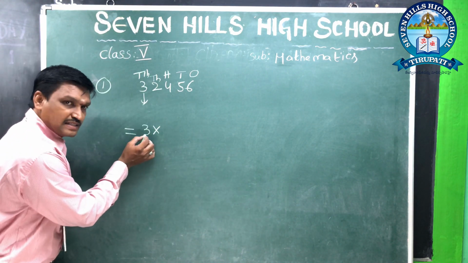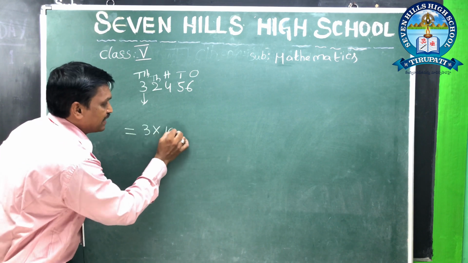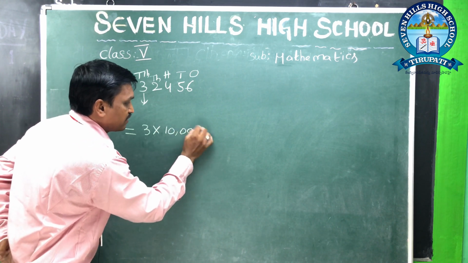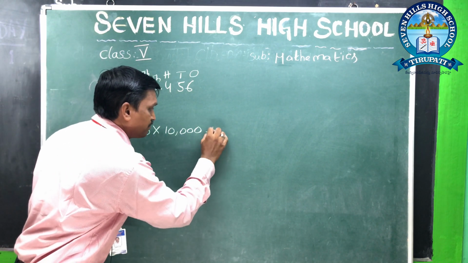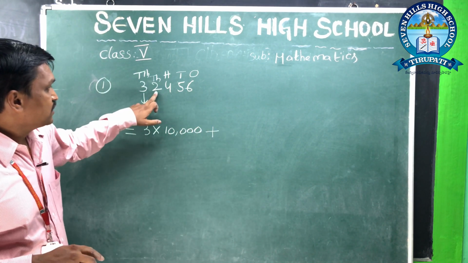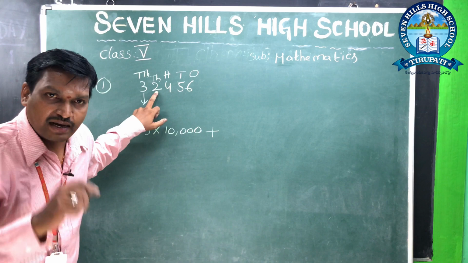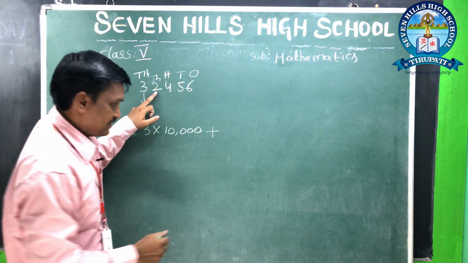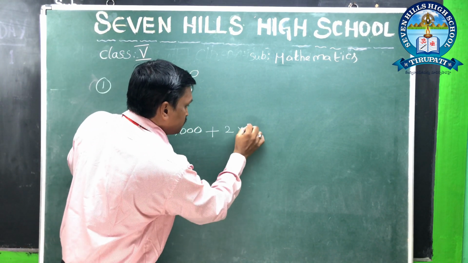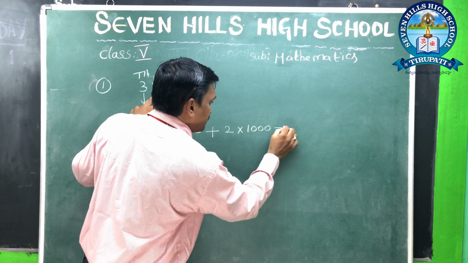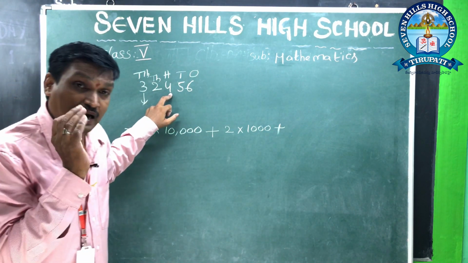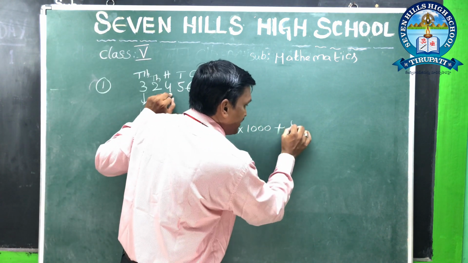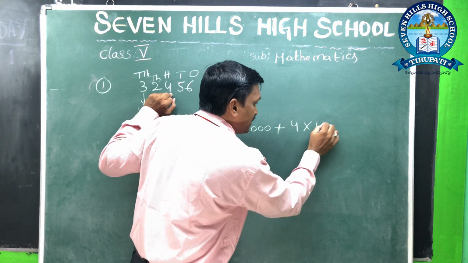So we will write 3 into 10,000, plus the digit 2 in thousands place, 2 into 1000, plus the digit 4 in hundreds place, that means 4 into 100.